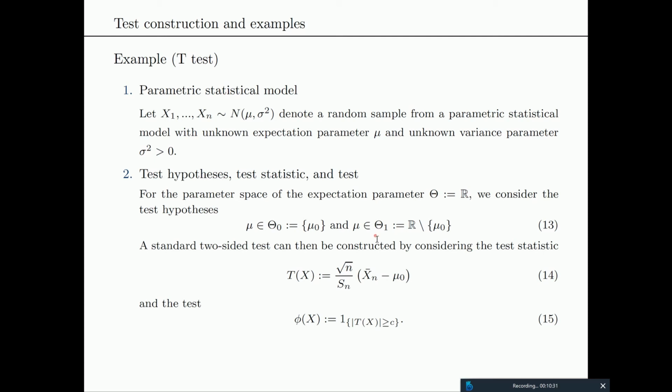And then one can construct a two-sided test by using the test statistic T, the t-statistic, which we have seen previously is defined as the square root of the number of data points divided by the sample standard deviation Sn, times the sample mean minus the true but unknown parameter.